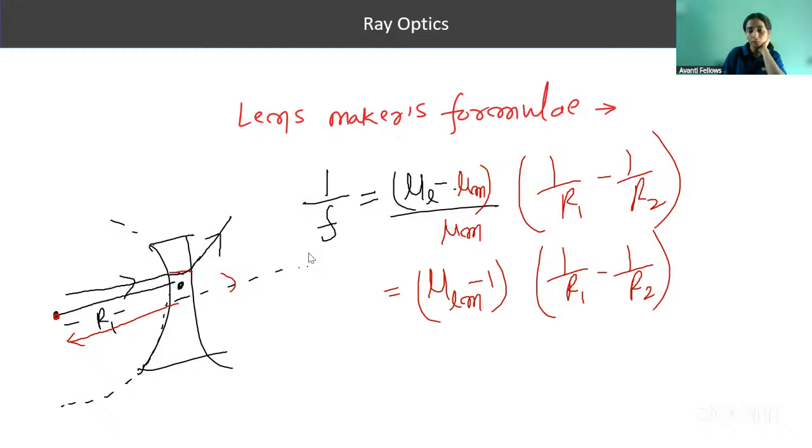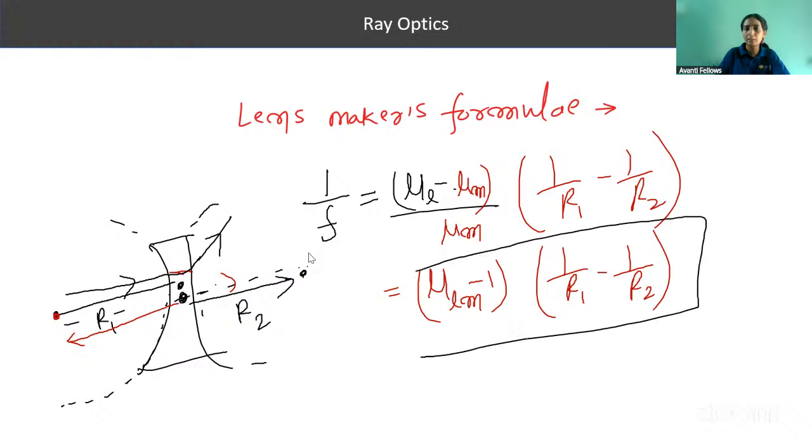Okay? Its center will be somewhere here, and if you measure R2, you will again be measuring from the optical center, in the direction of the incident light. So here R1 is this, R2 is this, R1 is negative, R2 is positive. That is how you will keep things in the lens maker's formula. This is a very important formula. Many questions are made from here, okay?